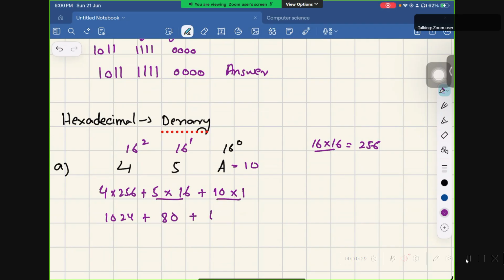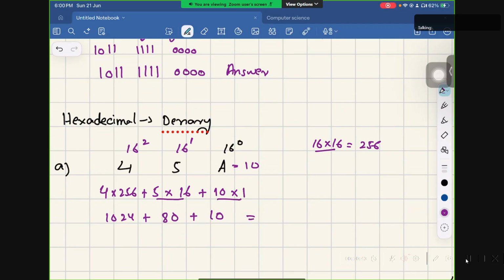When you add it together, you will get the answer 1114. So that is how we can easily convert from hexa to denary. Understood? This is clear, everyone.